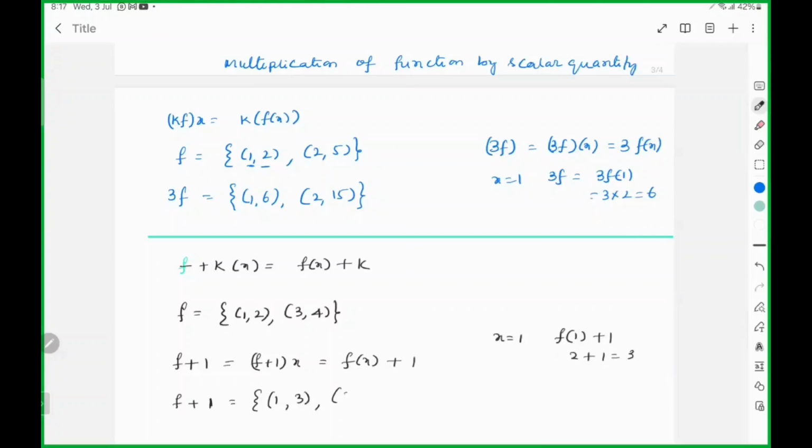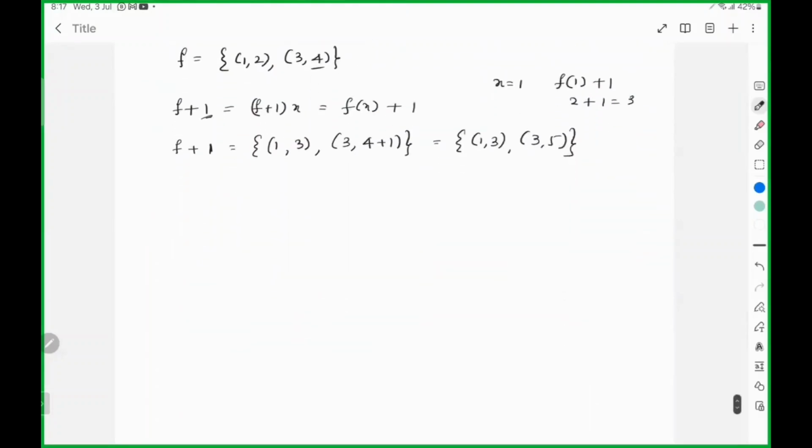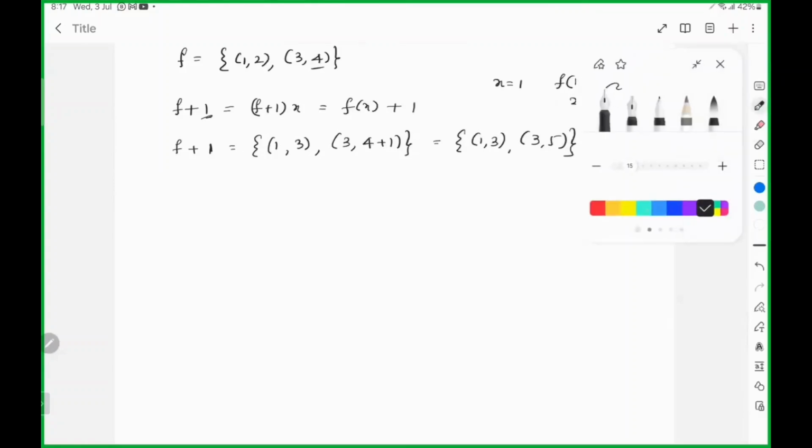Simply adding that k value to the function. 4 plus 1, so 1 comma 3, 3 comma 5. This is how addition of a constant to the function is defined.